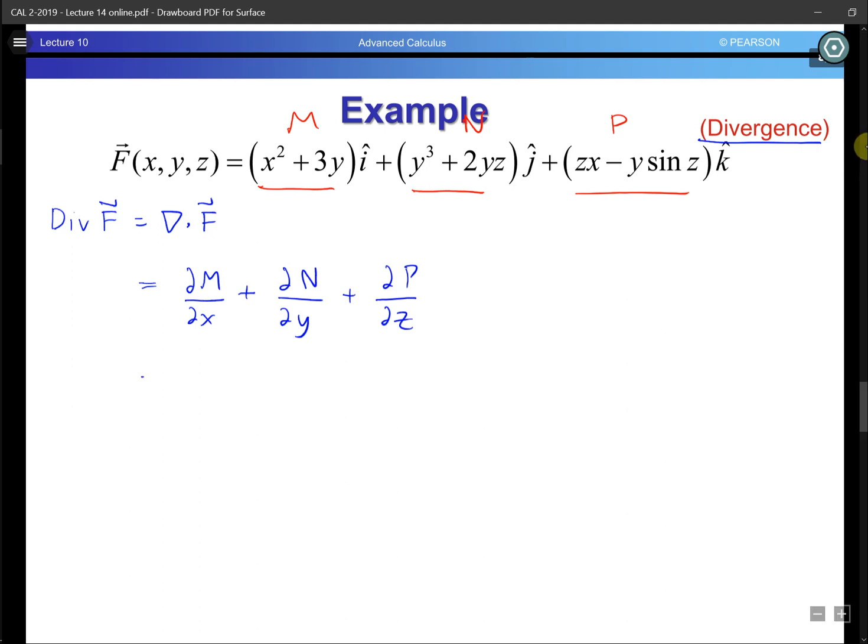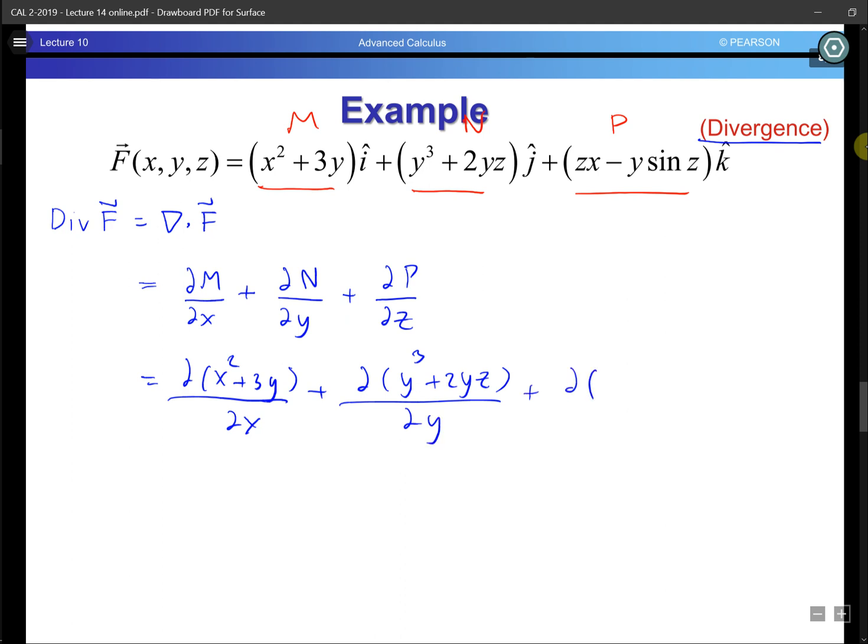This is equal to the partial derivative of M, that's X squared plus 3Y, with respect to X, plus the partial derivative of N, which is Y cubed plus 2YZ, with respect to Y, plus the partial derivative of P, which is ZX minus Y sine Z, with respect to Z. Well, this is not hard at all.